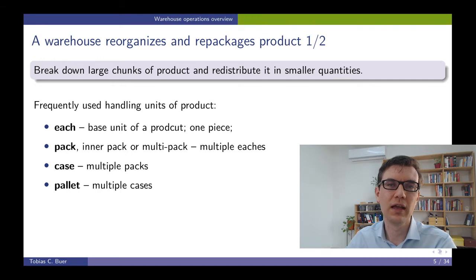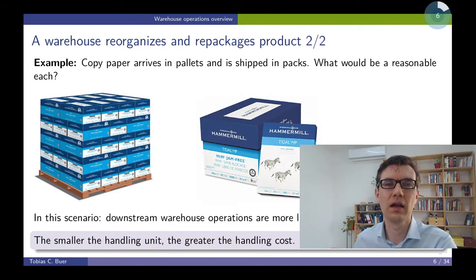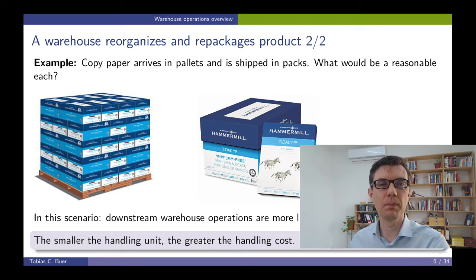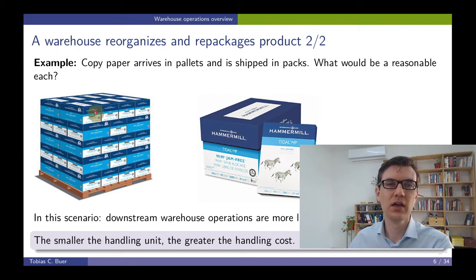Let me give you an example when we are looking at paper delivery. In this example, we have copy papers, and on the left side you see one pallet full of copy papers. Placed on this pallet, we have several cases of copy paper. So this is one case of copy paper, and inside such a case we have additional pieces.